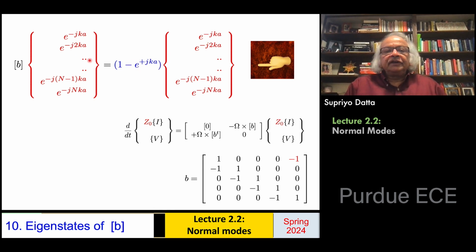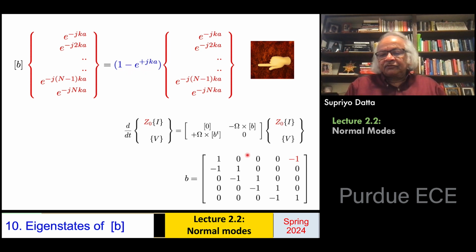And what you can show is that if you define a vector like this, e to the power minus jka, e to the power minus j2ka, etc., all the way to e to the power minus jnka, where k can be anything, then B acting on this will give you exactly the same vector, but with this factor in front, 1 minus e to the power plus jka.